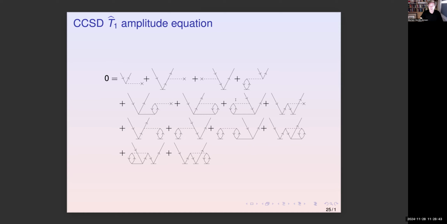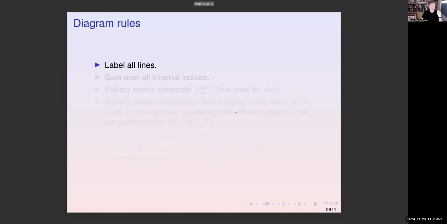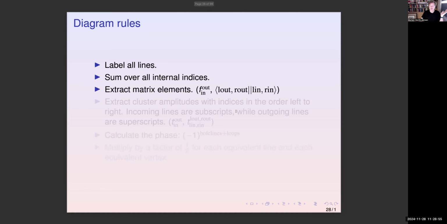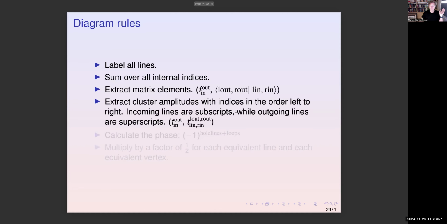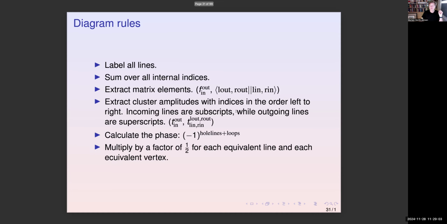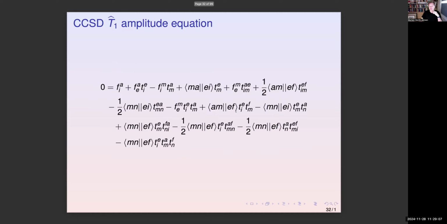So all these intermediate states here lead to a one particle, one hole case. So this is the way we would set it up slowly, and we would again label our lines, sum over internal indices, extract cluster amplitudes with indices in the order left to right. We would calculate the phase factors and multiply by a factor 1/2 for each equivalent line and each equivalent vertex.